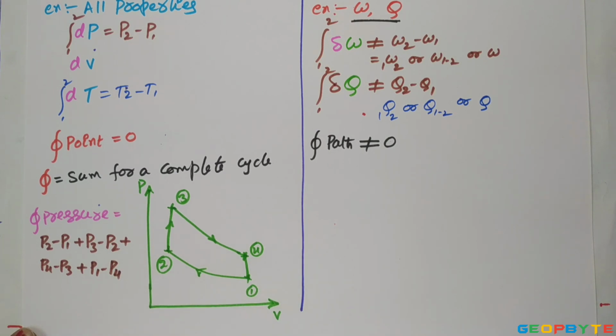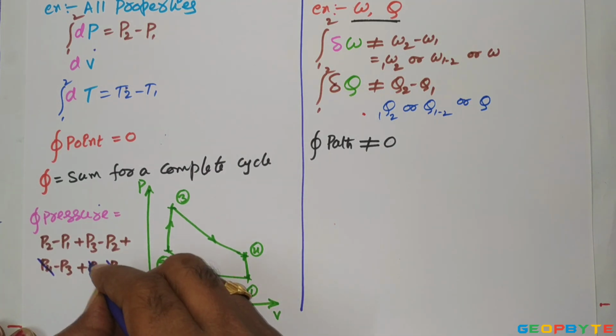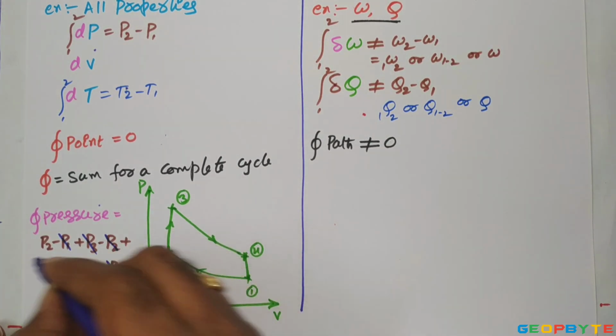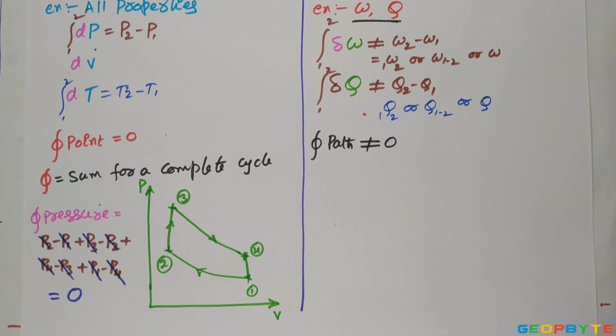Now plus P4 and minus P4 cancel, plus P1 minus P1 cancel, minus P3 plus P3 cancel, minus P2 plus P2 cancel. Finally it becomes 0. Not only pressure, cyclic integral of any property is equal to 0. That means change in any point function quantity for any thermodynamic cycle is 0.